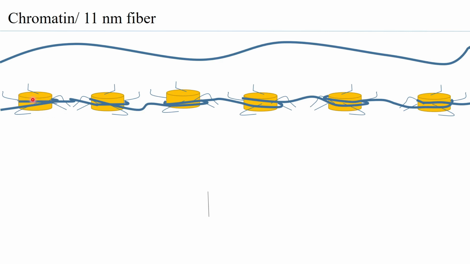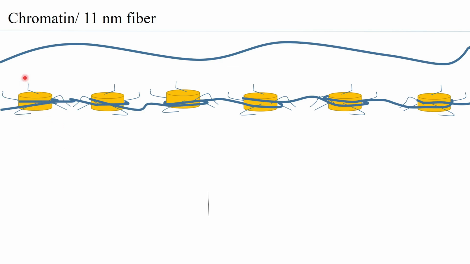We all know that histones are basic proteins. Why are they basic proteins? Because the percentage of basic amino acids in these histones is very high. Secondly, these histones have what are called histone tails, and the tails are particularly basic.